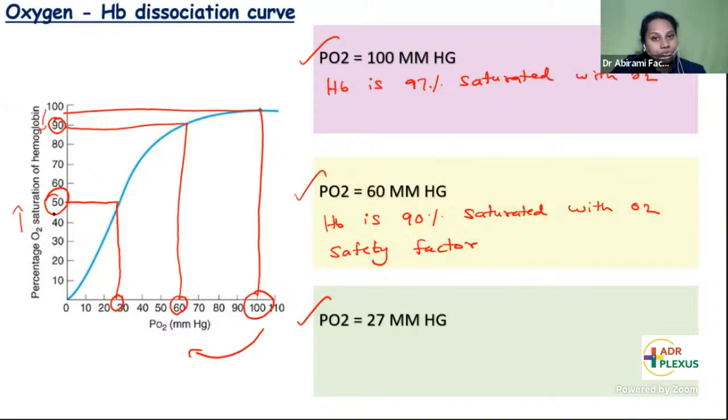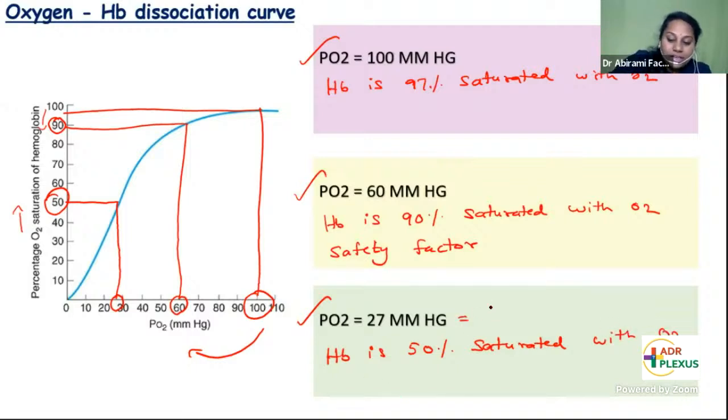When your partial pressure of oxygen is 27 millimeters of mercury, hemoglobin is 50% saturated with oxygen, and this is called P50. So what is P50? The partial pressure of oxygen of 27 millimeters of mercury at which hemoglobin is 50% saturated with oxygen. This is called P50.